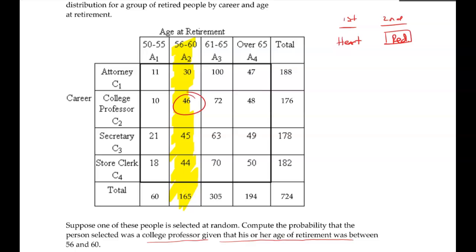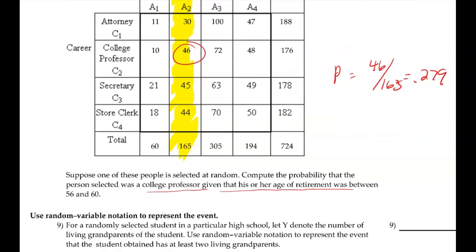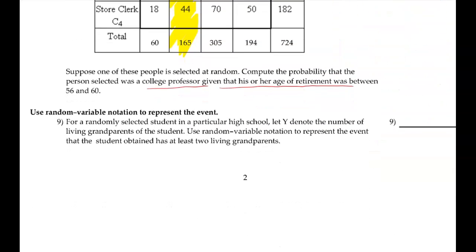Well, that's 46. So what I want is the 46 out of 165. Which should come out to about 0.279. Okay? All right, number 9. Yeah, 0.279 is correct.